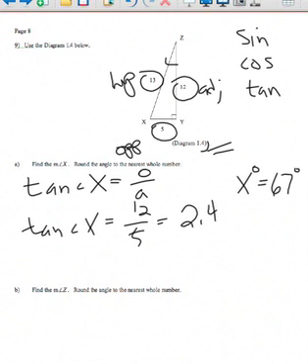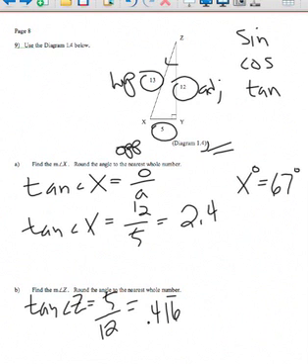And again, you can use the adjacent and opposite, which is tangent again, and if you find the tangent of angle Z, it's going to equal the opposite, which is 5 over 12.